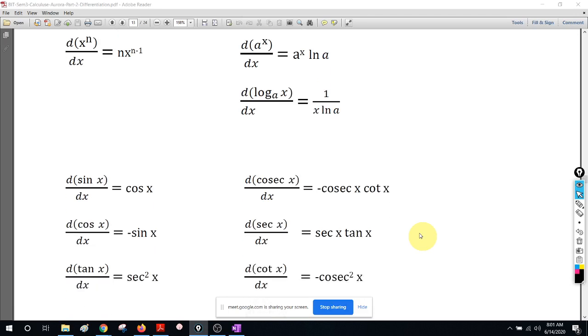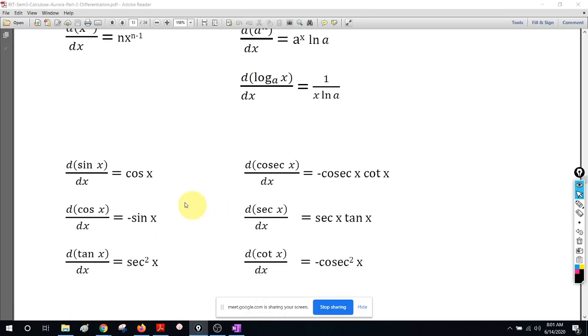Then we have some trigonometric things. The derivative of sin x is cos x. The derivative of cos x is minus sin x. The derivative of tan x is sec squared x. If you are really interested in these things, they will naturally stay in your mind.